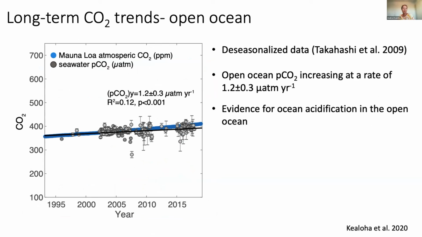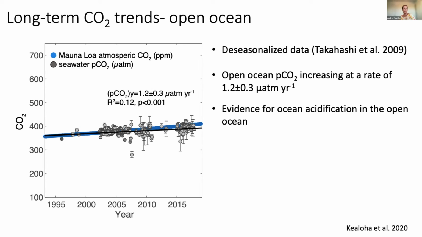We also separated the open ocean and coastal ocean data to see if we could detect any long-term CO2 trends. So here I'm showing the open ocean data for years 1996 to 2017. The blue line represents the atmospheric CO2 record, and the gray symbols are the deseasonalized monthly means.